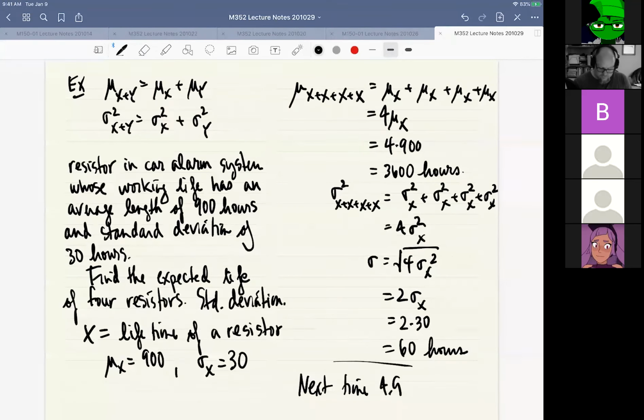I'll put an announcement on the Canvas site to make sure everybody knows that. We'll continue to talk about these sample statistics. Sample mean is one; there's other samples. Okay, that's it.